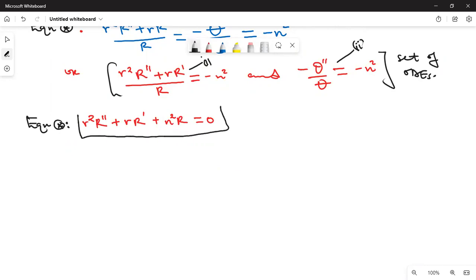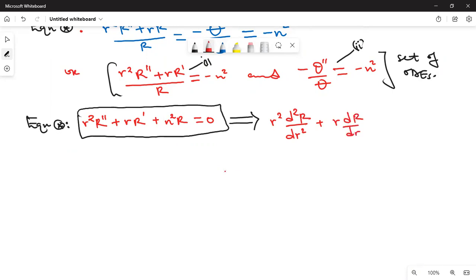Let me write it explicitly without using the primes. This equation can be written as r squared d squared r with respect to r squared plus r dr with respect to r plus n squared r, that should be able to give us 0.